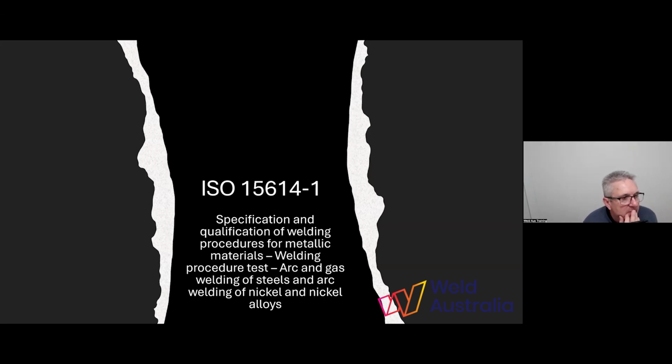Due to the Australian standard and ASME standard for the radiography and ultrasonic for less than 6 millimeters, some subcontractors and welding fabricators believe that ultrasonic and radiography don't need to be applied for thickness less than, I think, 6 millimeters. Based on the ISO standard, is that correct or not?